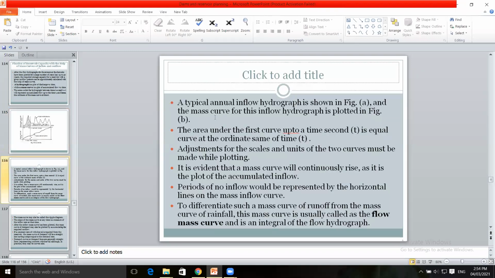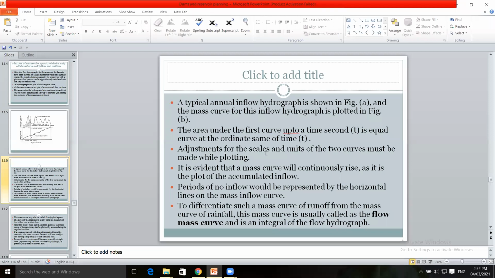From that, a typical annual inflow hydrograph is shown in figure A, and in figure B the mass curve of inflow is plotted. The area under the first curve up to time t is equal to the ordinate of the curve at the same time t. For 10 years, the inflow can be known from this graph.